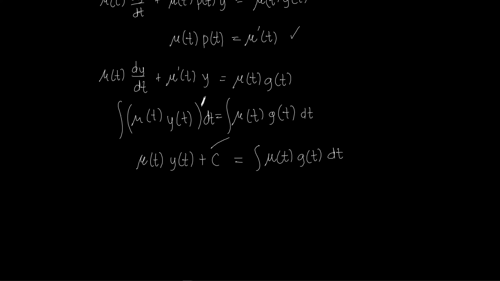We move it to the other side and divide both sides by mu of t. So y of t is equal to the integral of mu of t g of t dt minus c, all over mu of t.